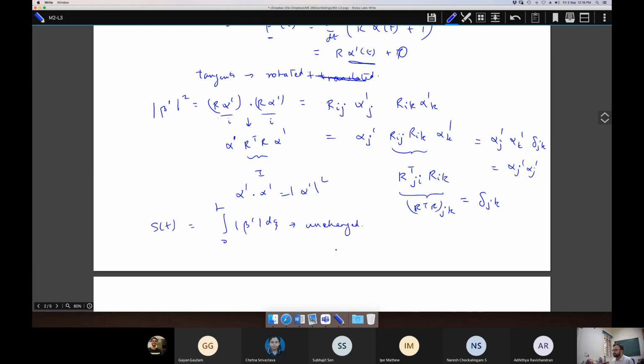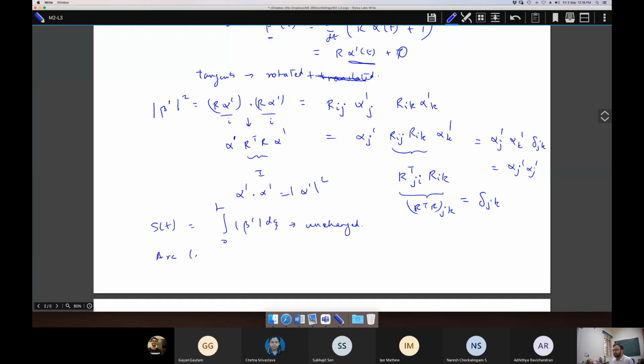So this is basically a way of saying that arc lengths are preserved by rigid body motions. Makes sense, right? Everybody with me so far? Yes, sir.